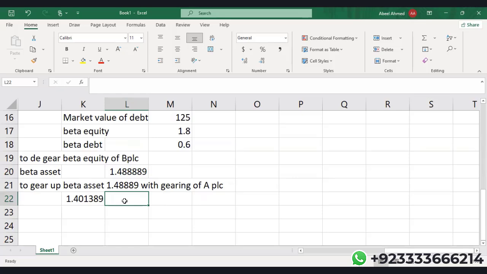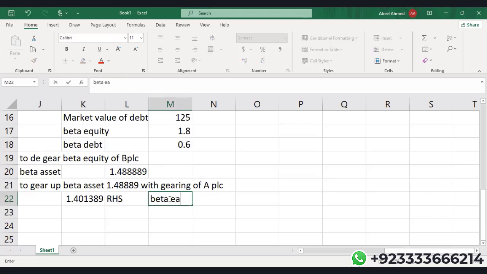Right hand side, obviously we have beta equity. Now the problem is we need the answer of right hand side, and then left hand side divided by right hand side will give us equity beta. Okay. So simply, right hand side, let me simply explain to the examiner.